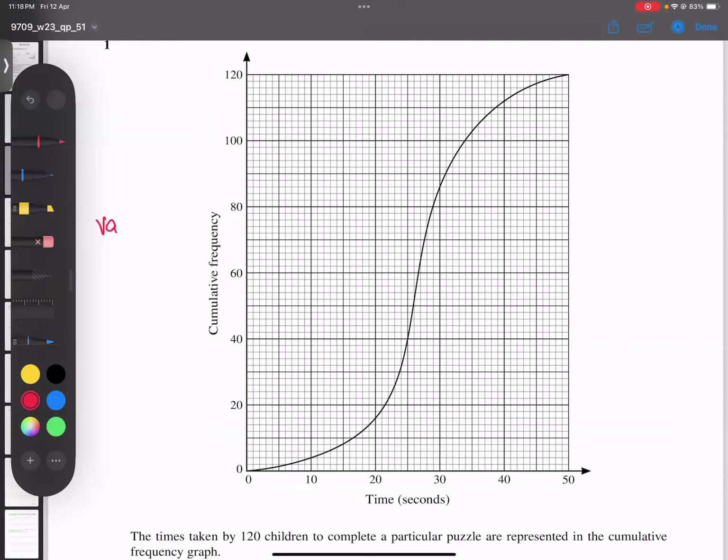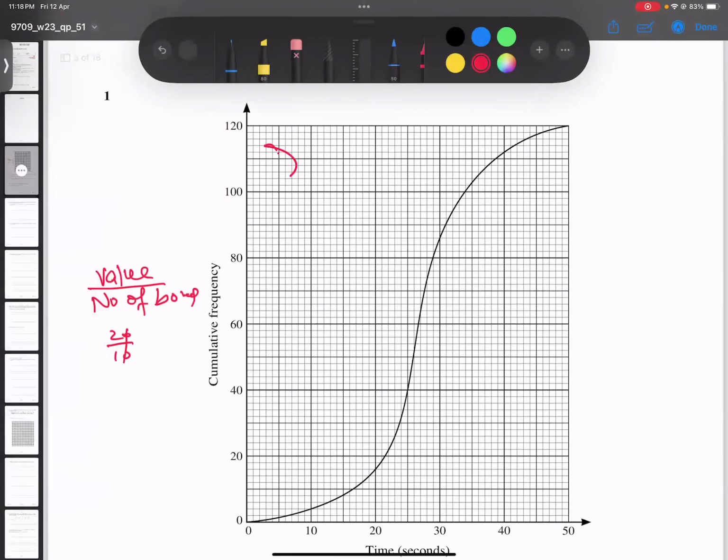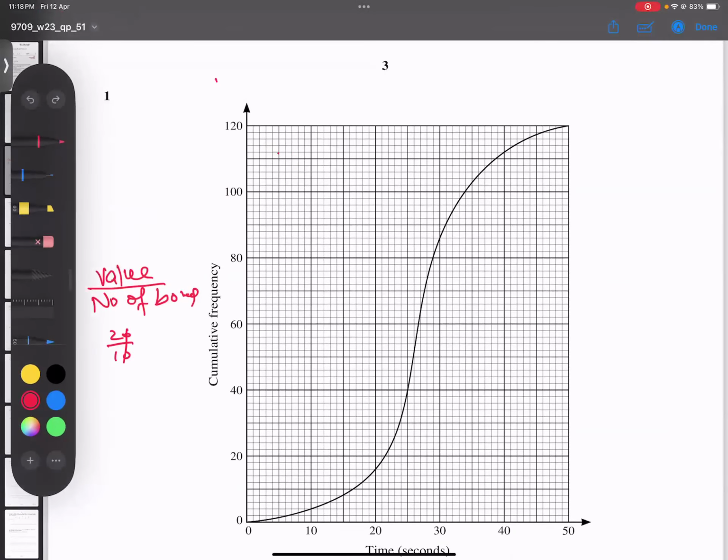Value divided by number of boxes, so 20 by 10 gives one box equals 2. And along the x-axis, one box equals 1.